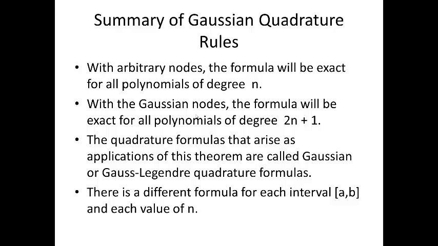So, if you're using the Gaussian nodes, you can increase the degree of the polynomial. The quadrature formulas that arise as applications of this theorem are called the Gaussian or Gauss-Legendre quadrature formulas. There's a different formula for each interval ab and each value of n. Let's derive a Gaussian formula that's not very complicated.